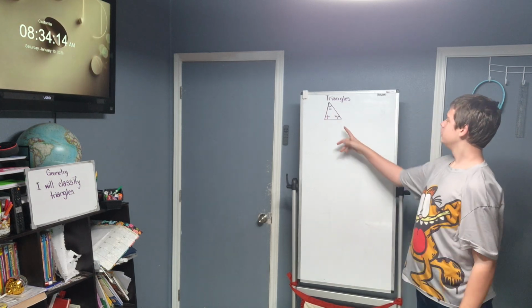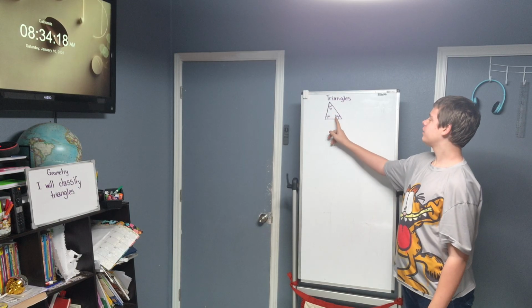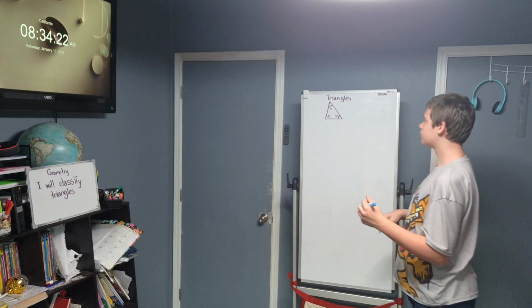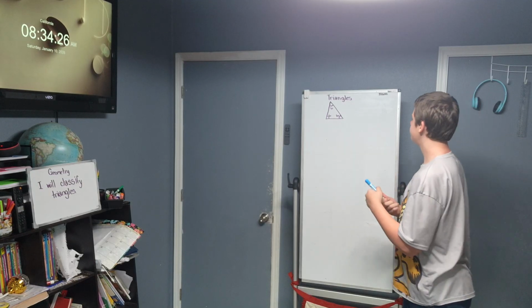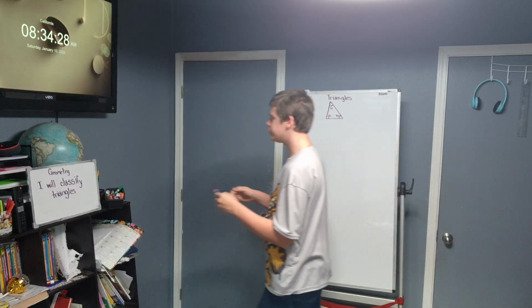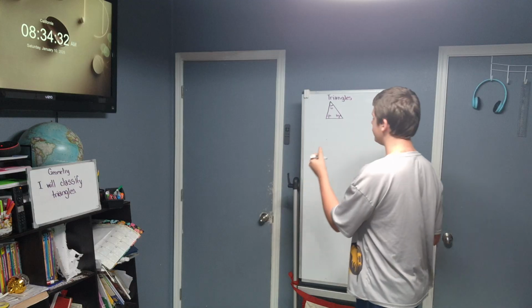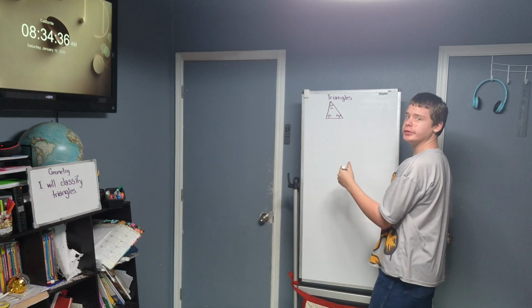Okay. The variables mean a different number. So, how to solve this? So we have 6x plus 6x plus 6x.